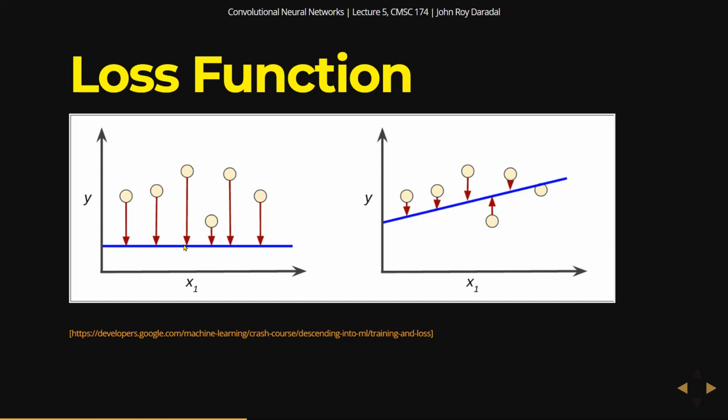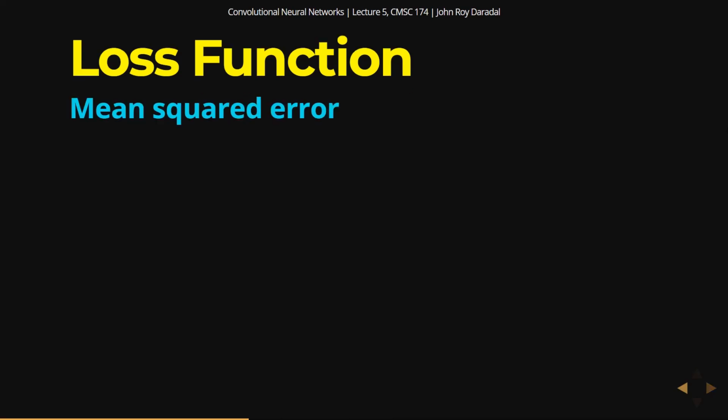Based on the loss function, we could notice that the model on the left has a higher loss than the model on the right, because the total distance of the correct answers from the model, which is the blue line here, is bigger compared to the total distances for the model on the right, which is kind of small only, because they're quite near the model, the blue line here. So the one on the right is much better.